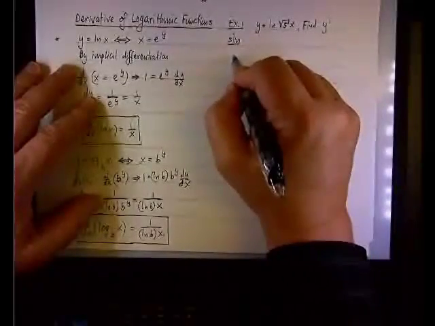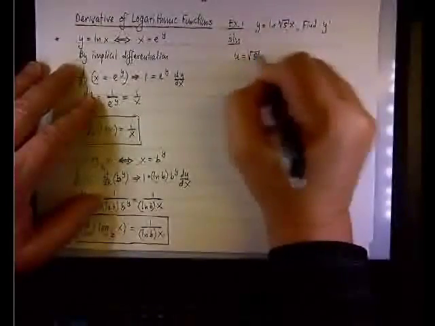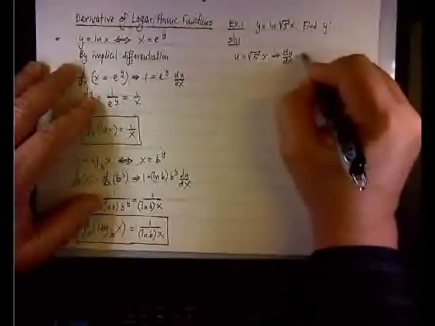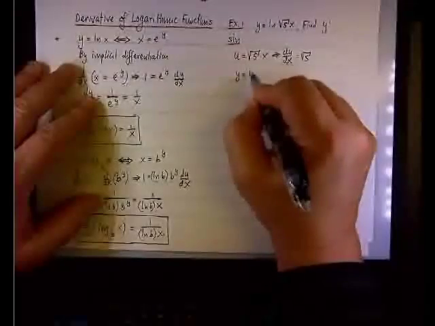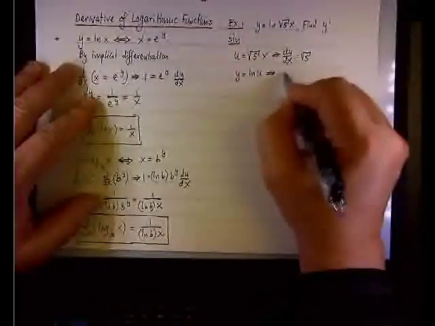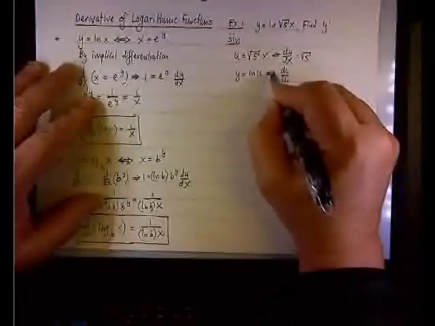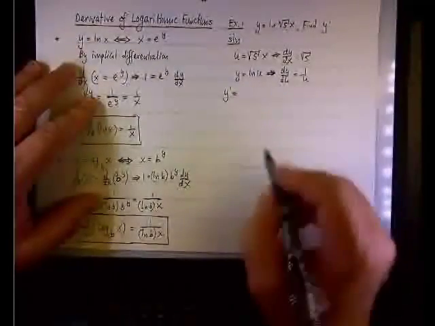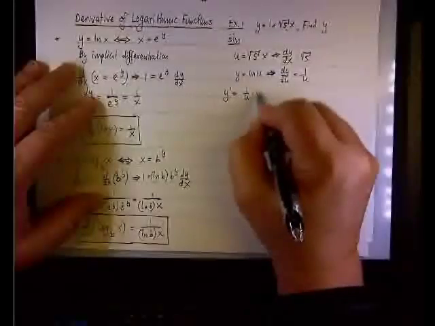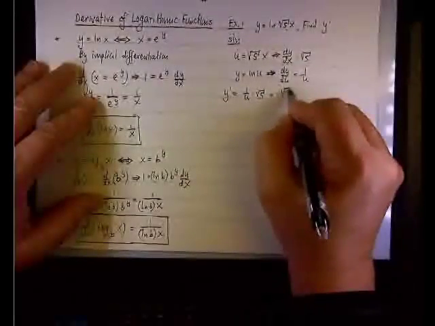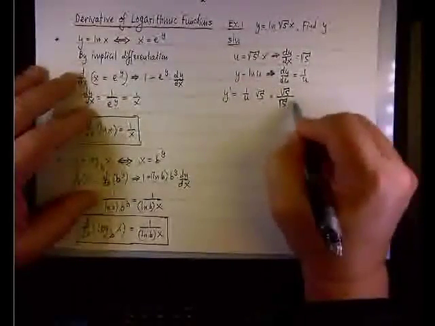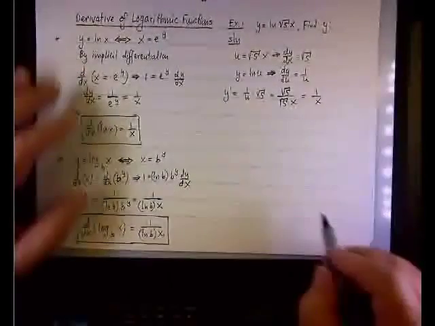We're going to say that u equals square root of 5x, and therefore du/dx equals square root of 5, and y equals the natural log of u, therefore dy/du would be simply 1 over u, and then y prime would be the product of these two, so it would be 1 over u times square root of 5, so it would be square root of 5 over u, but what is u? Square root of 5x. So it's 1 over x, the solution.